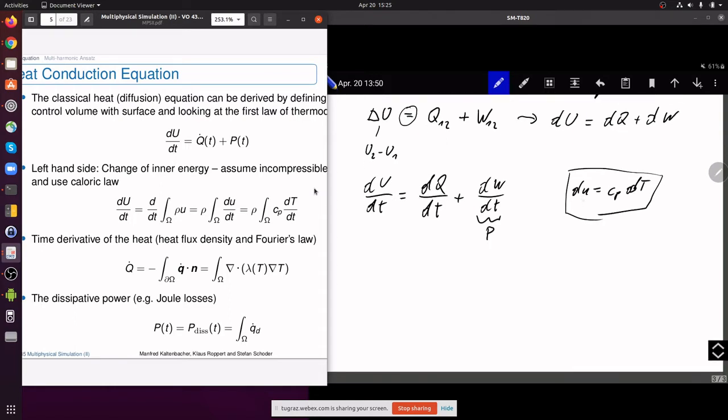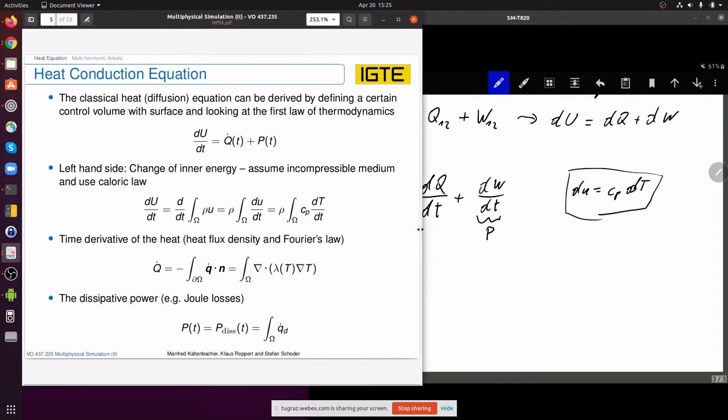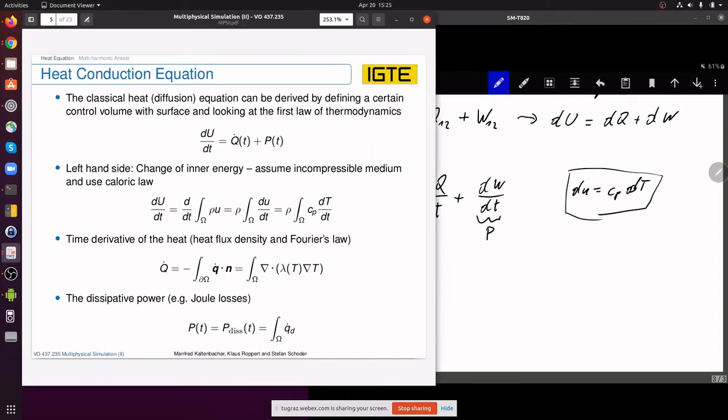So this u is scaled with the mass density rho, as you see here in the slides on the left. So we have the time derivative of the global inner energy as the time derivative of the integral, where we scale a specific inner energy with mass density and insert the caloric law.